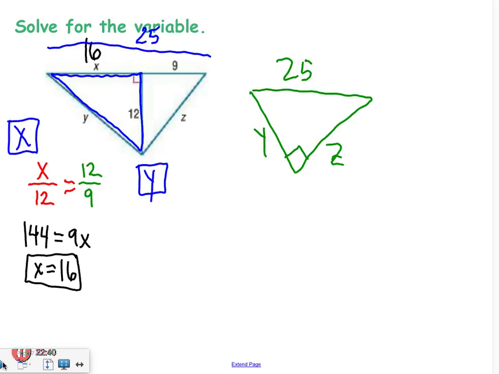Okay, so you're going to write 25, your hypotenuse over your short, is equal to 16 over Y. Y squared.